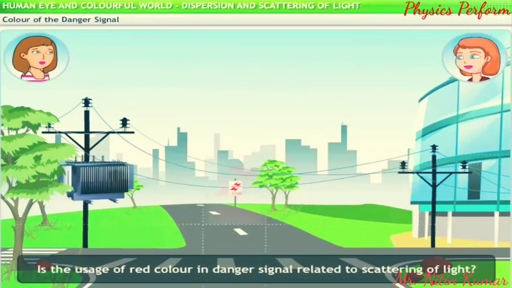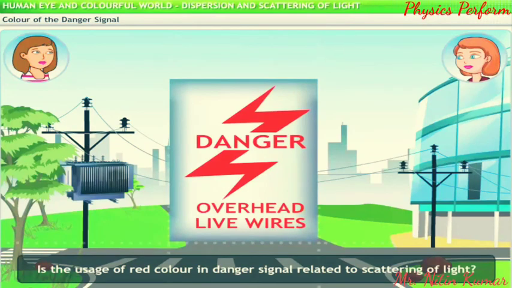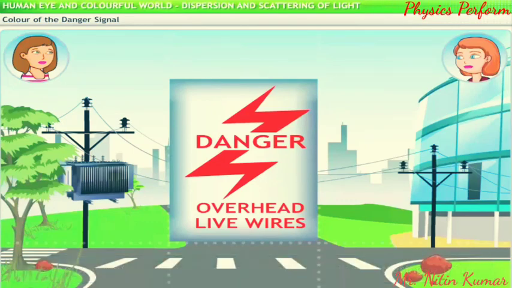Can you recall any application which you can relate to the scattering of light? I think I have heard about the red color used in danger signals, but don't know whether it relates to the scattering of light. Actually, that's a very good example.